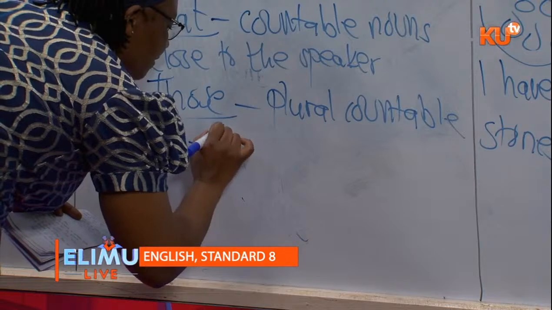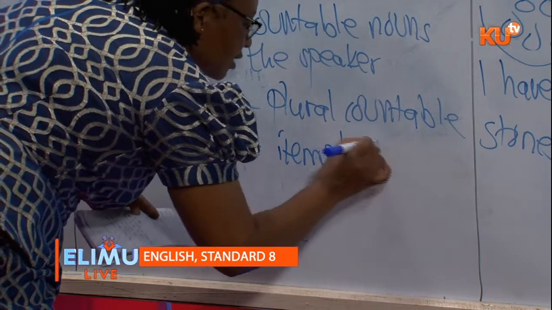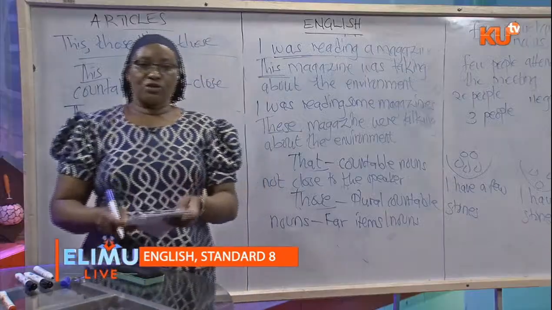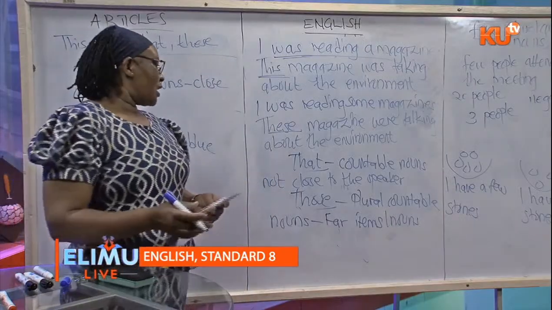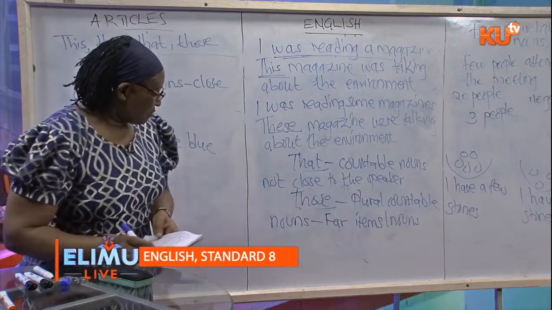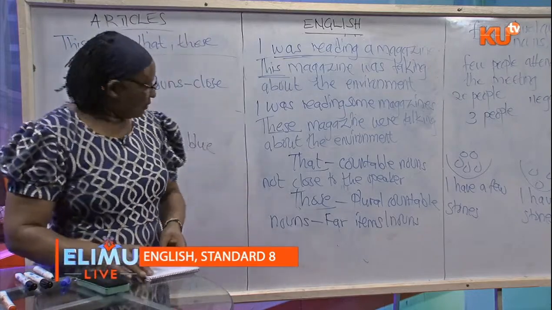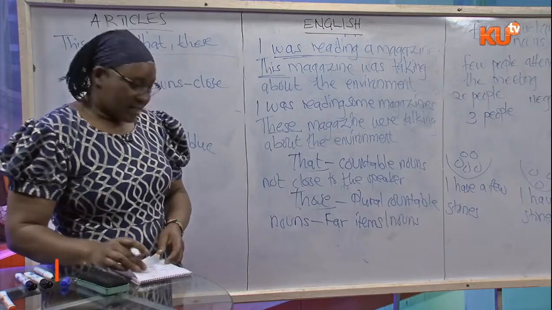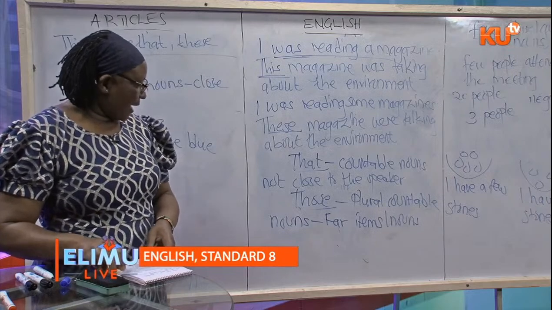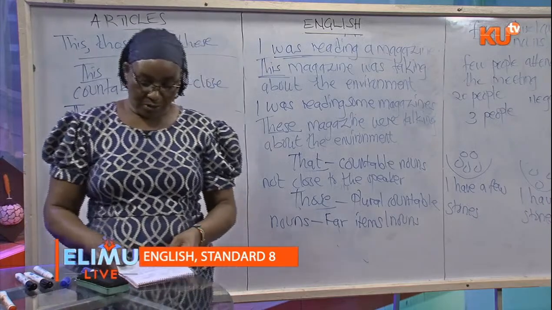Things which are far items, and in this case nouns. Maybe you have seen some children playing somewhere and you can say that those children are playing a bad game. Those cars are moving at a high speed. So the word those and the word that are used to refer to items which are not near the speaker, and the word those is used with plural nouns.